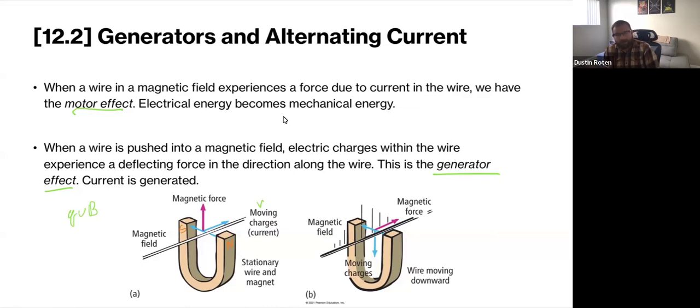We have this velocity of current, we have a magnetic field, which is B, then we have the charges that are moving, and always the magnetic force points perpendicular to both. So if we have one pointing essentially left to right, then we have one pointing front and back, that means the magnetic force must point up and down. And this is the motor effect, okay? Because the wire is moving due to current.